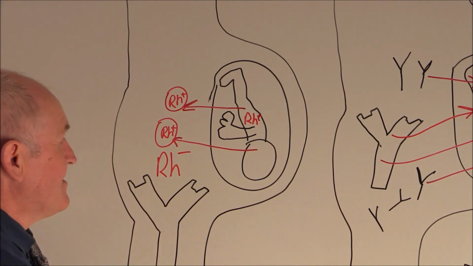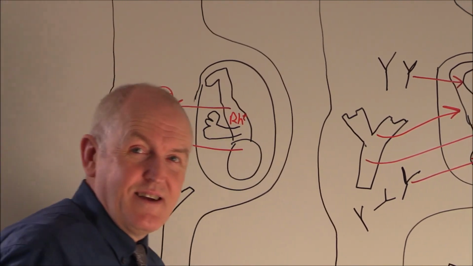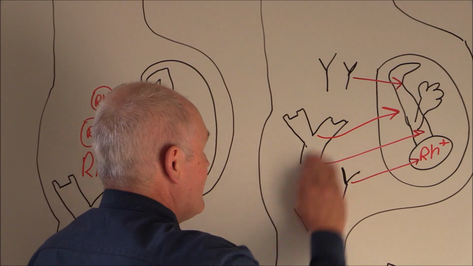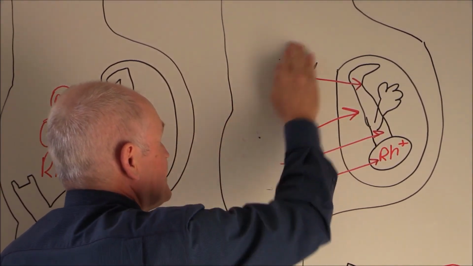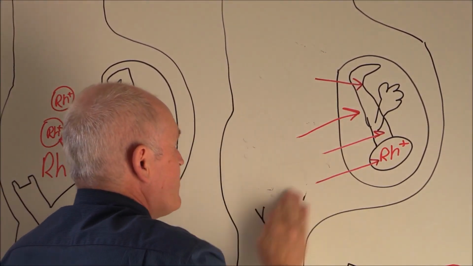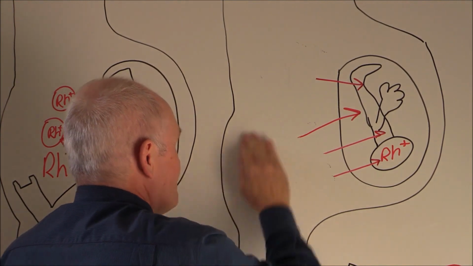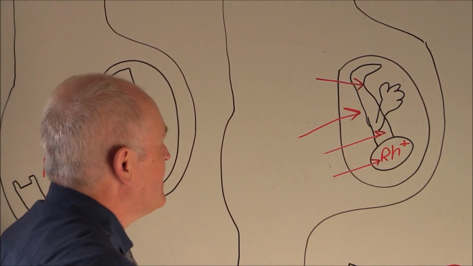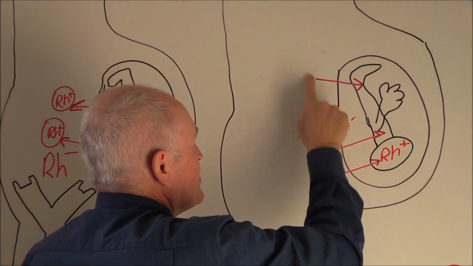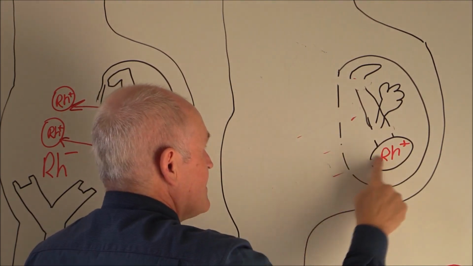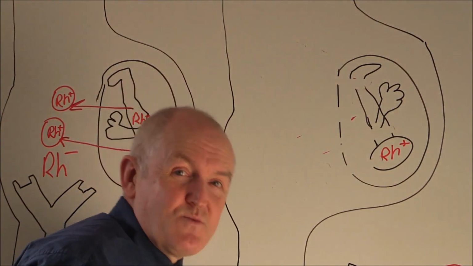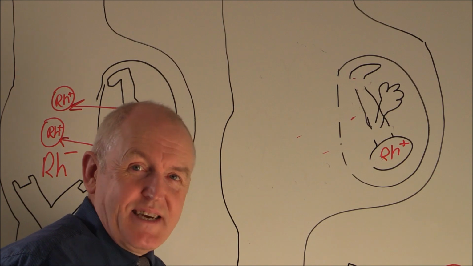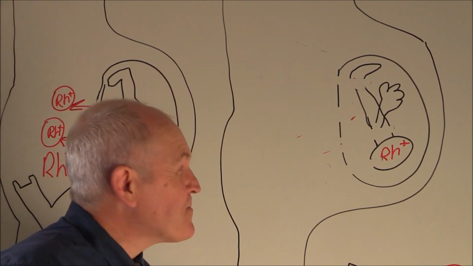That means for a second pregnancy, the mother will not have been sensitised. The mother will not have the rhesus factor antibodies. Therefore, they will not be able to migrate into the fetus. Therefore, the fetus will not develop haemolytic disease of the newborn.